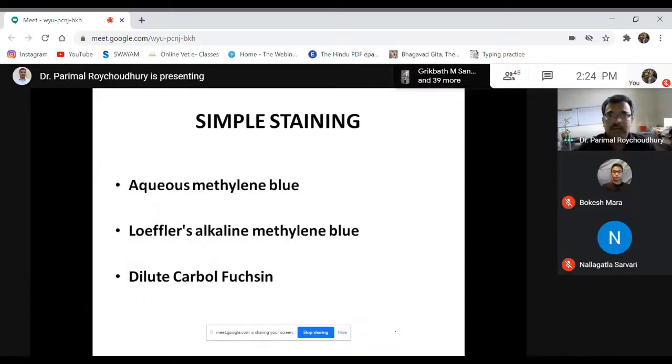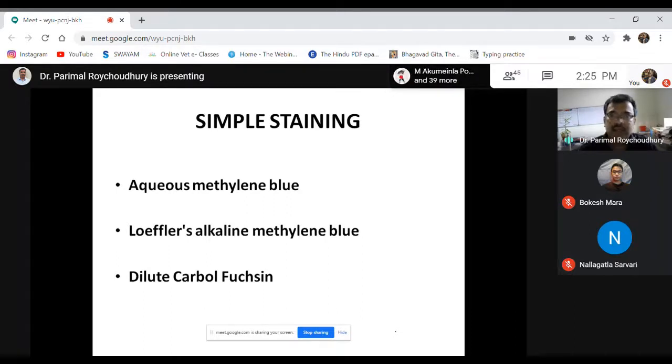Then coming to simple staining. Simple staining is a staining technique, as I said, using only one kind of dye compound. Any kind of dye compound, but it should be only one dye. You prepare a bacterial smear, fix it by applying gentle heat, and then flood the smear with any one of the stains, wait for 1 to 2 minutes, then wash it and see under the microscope.